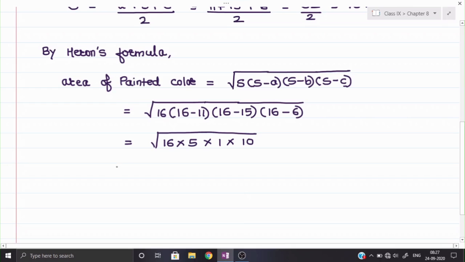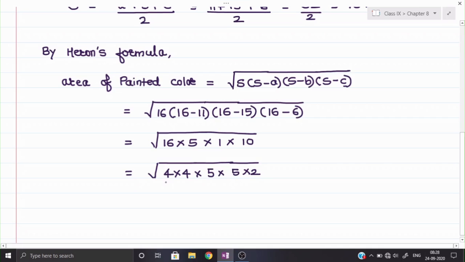See, like this you can write 16 as 4 into 4, then 5 will be as it is, 1 I am ignoring because into 1 we can ignore, and the remaining is 10, which I am writing as 5 into 2. Understood? 16 I am writing as 4 into 4, this 5 I wrote as it is, and 10 I have written as 5 into 2.